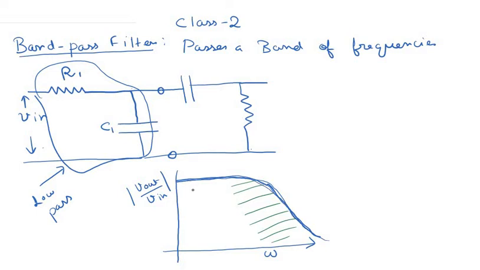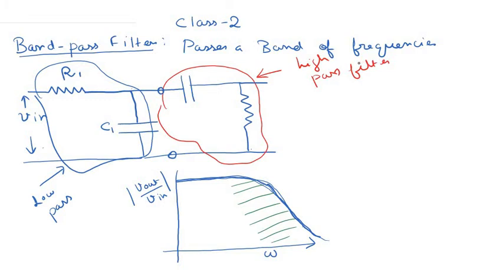Now this entire frequency range is now passed through a high pass filter, which, let me draw with a different color, is basically this part. And let us say that this part, which is the high pass filter, has the transfer characteristics like this. So this is for high pass filter.